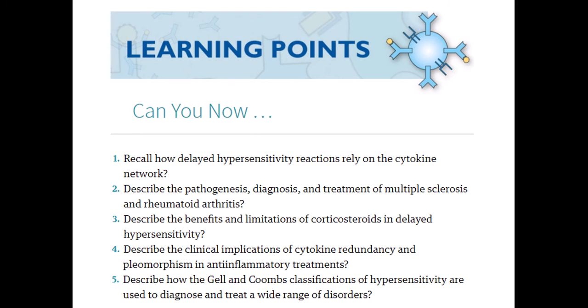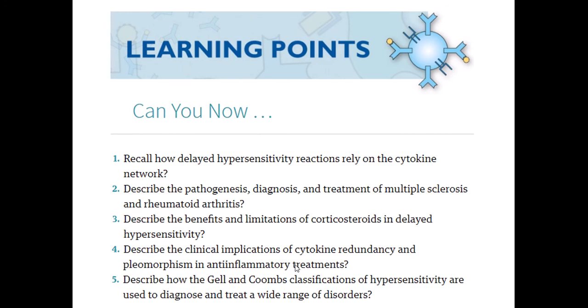Describe the clinical importance of the cytokine redundancy and the pleomorphism of anti-inflammatory treatments.